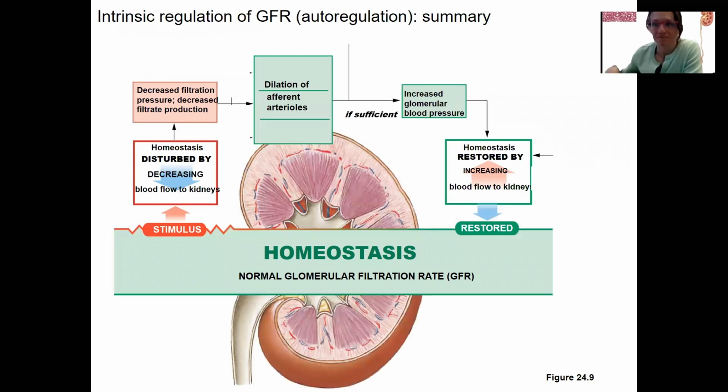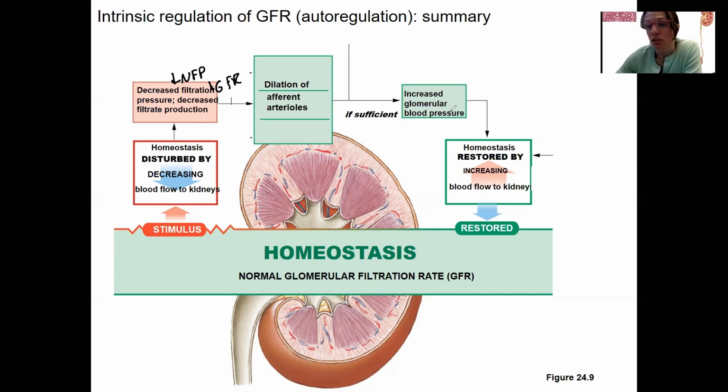So review here, another diagram. Decreased blood flow to the kidneys, for example. So again, going back to that reduction is going to decrease NFP, decrease GFR, cause dilation of the afferent arterioles in order to respond to that.